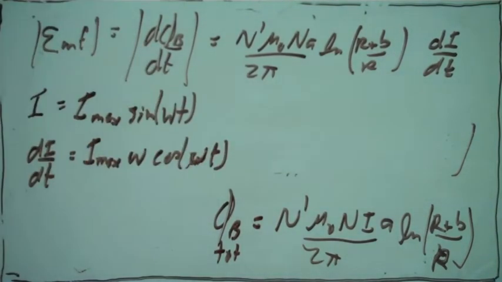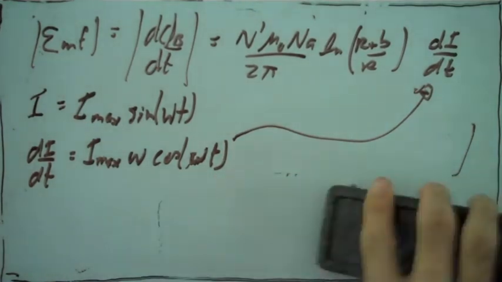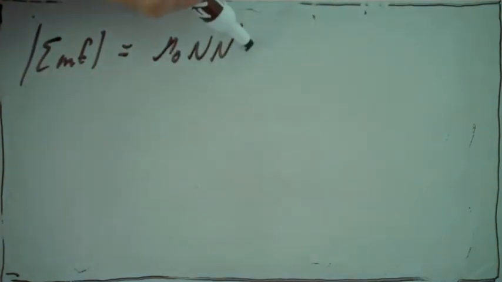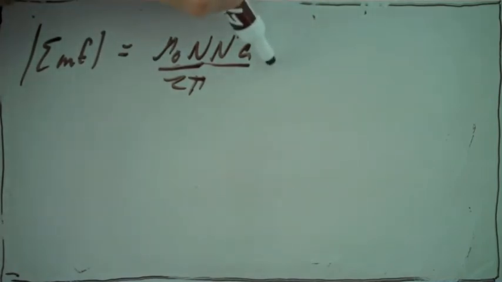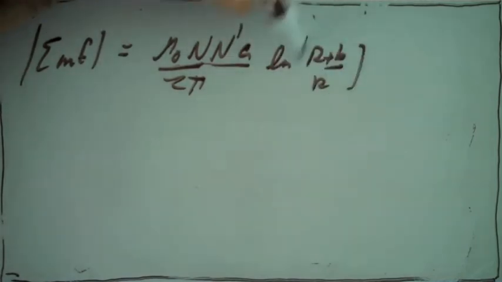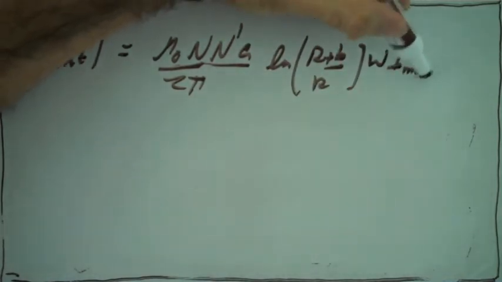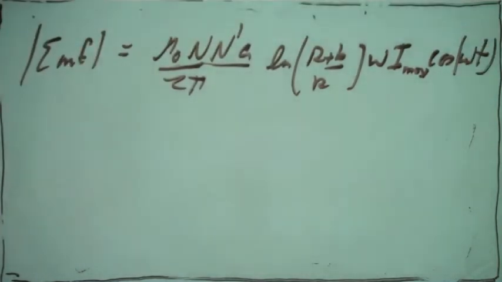So we put this into di dt, and now we have the EMF that's induced in the wire we wrap around the toroid. So we have the EMF in that wire, or the magnitude of that EMF is equal to this, where we plug in the derivative of the current at the end.